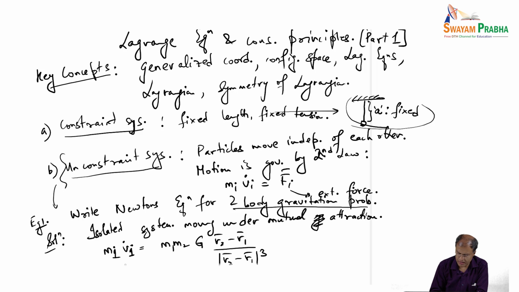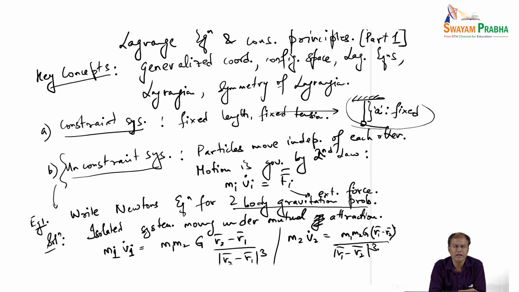Similarly, I can write for the second particle, m2 v2 dot is G m1 m2, this time (r1 minus r2) divided by mod of (r1 minus r2) cubed. So writing the equations of motion for an unconstrained system is as simple as that.